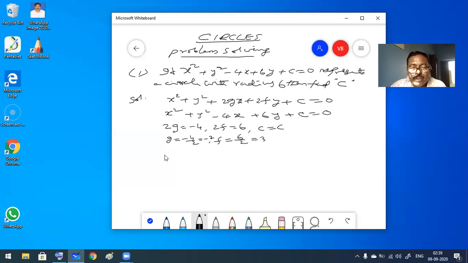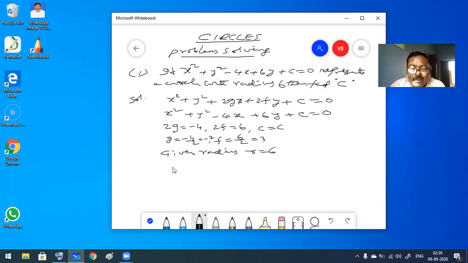Therefore the given radius r is equal to how much? 6.